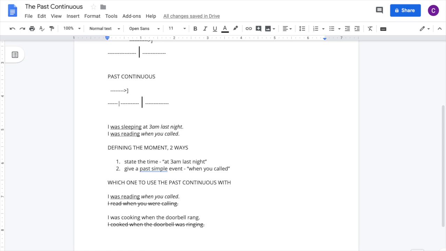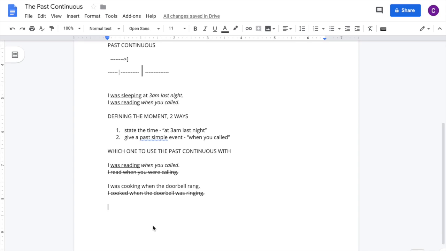Now, the reason is that the verb that we use the past continuous with has to be longer than the defined moment. So the temporary activity that we use continuous with has to be longer in duration, in time in other words, than the defined moment.